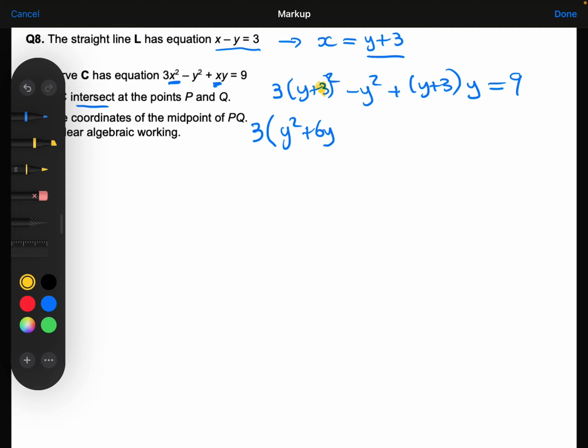And we've then got the 3 squared, which is 9. The minus y squared, I'm just going to copy that down for now. The second set of brackets, we've got the y times y, which is y squared. And then we've also got the 3 times y, which is 3y. And that's going to equal 9.